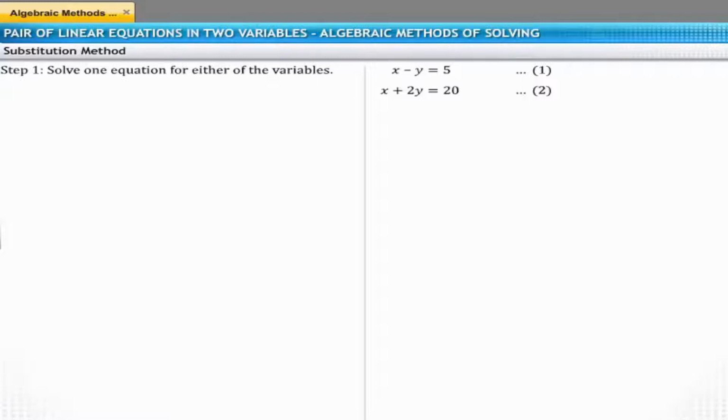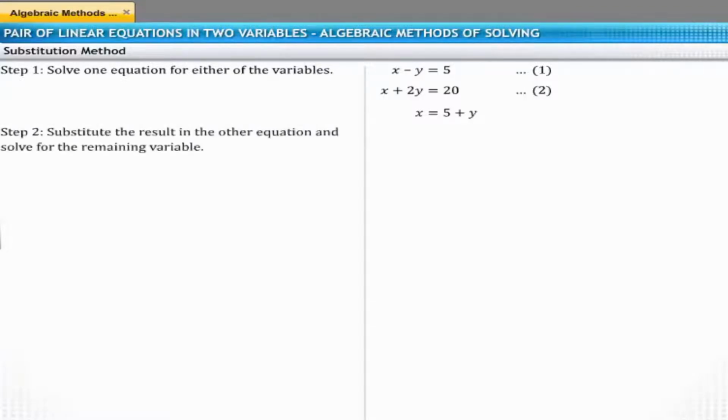Looking at these two equations, we can see that rearranging equation 1 to make x the subject is simpler. So, we solve for x in equation 1. We have x is equal to 5 plus y. In the next step, we'll substitute the resultant value of one variable obtained in the other equation and solve for the other variable.